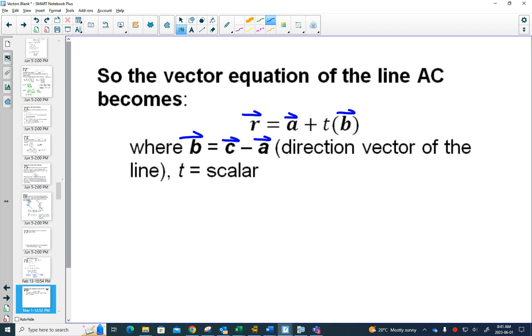So the vector equation of a line is very much like y equals mx plus b, except instead of slope, you have a direction vector. Instead of b as a y-intercept, you can start with any place.